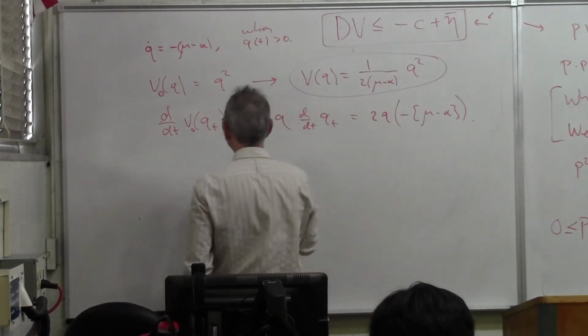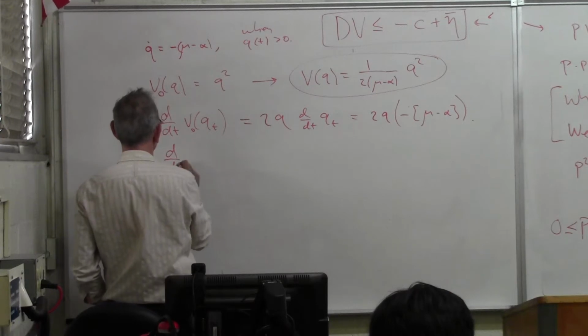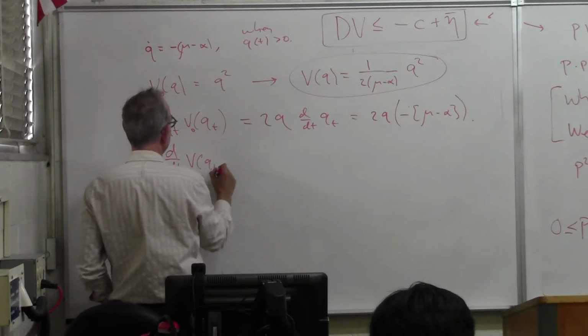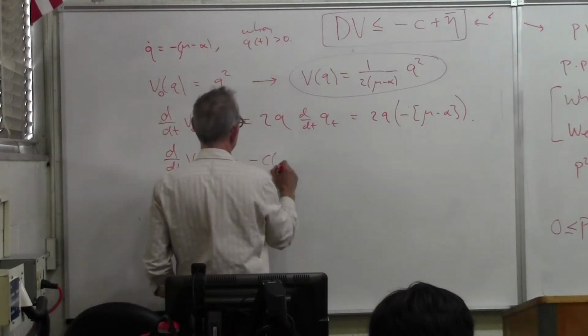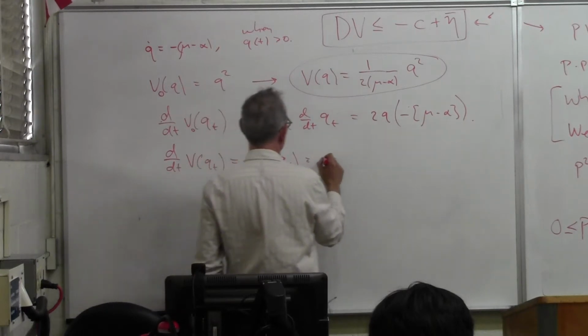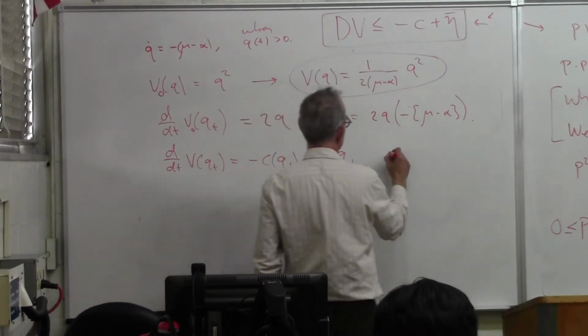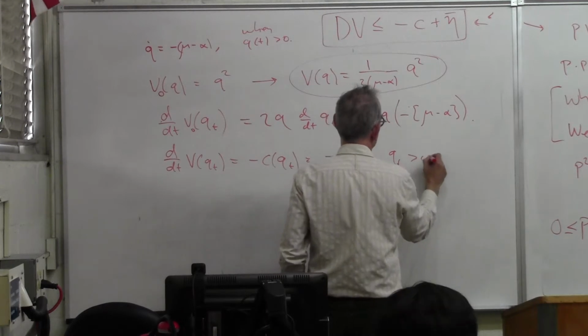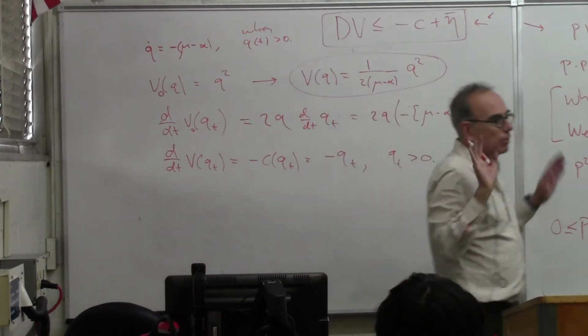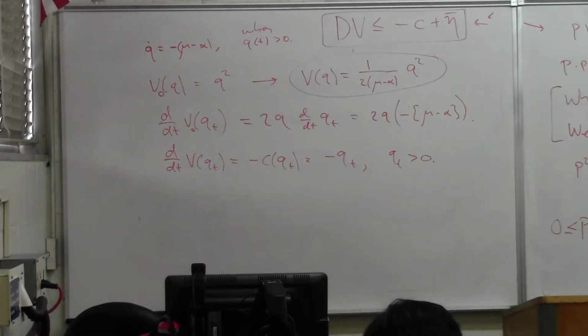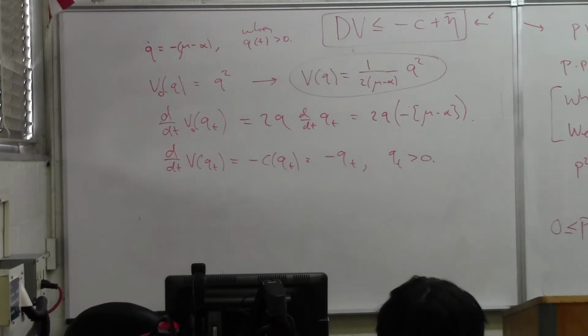And if you do that, you do get ddt of v of q of t is equal to minus c of q. When q is 0, something different happens, something funky, but forget that.